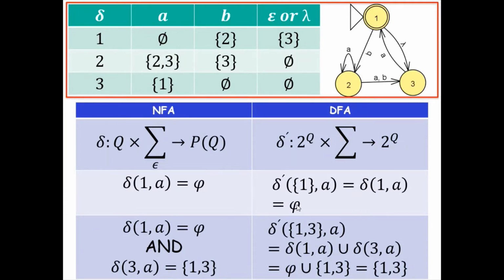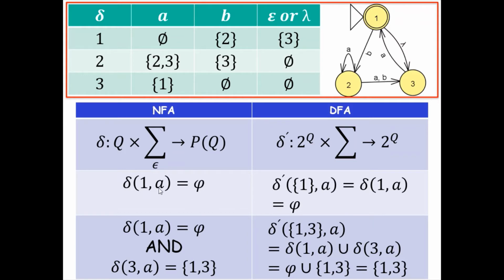Now I have listed the 2 scenarios to satisfy the transitions. First scenario is in our DFA at state 1 we have to satisfy the transition for input letter A. For this purpose we have to consult the same transition in the NFA.